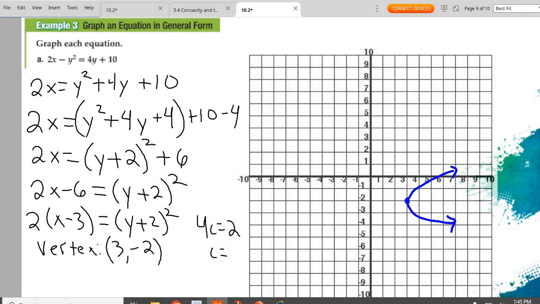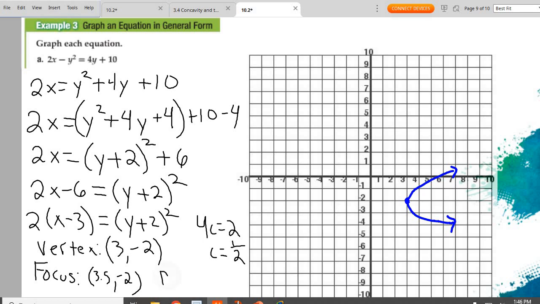So c equals 1/2. So to find our focus, be careful, because which one do we add our c value to this time? If my y is what's being squared this time. The h. So I would get 3.5, negative 2. Yes?